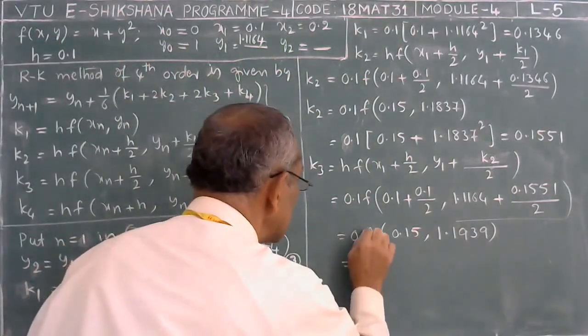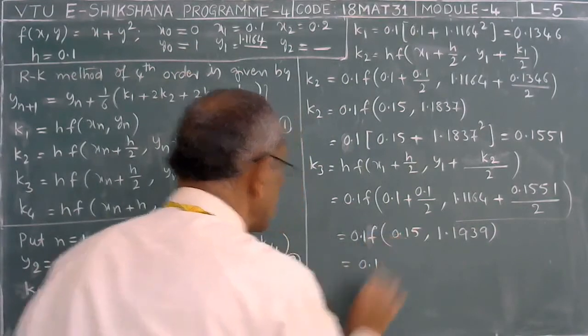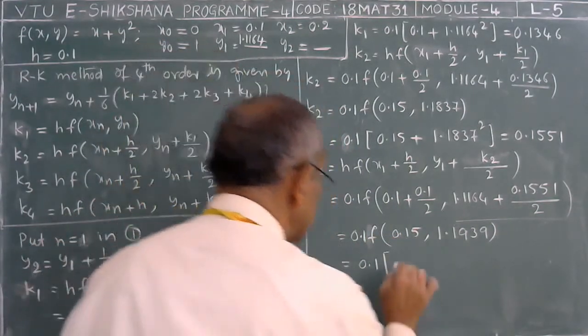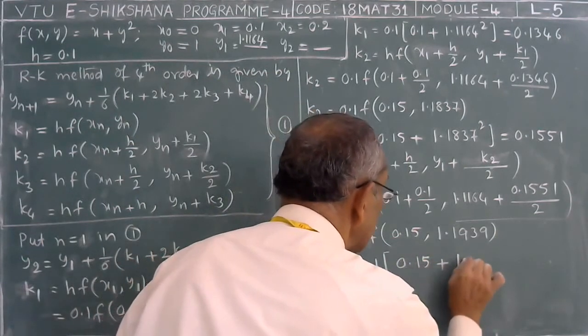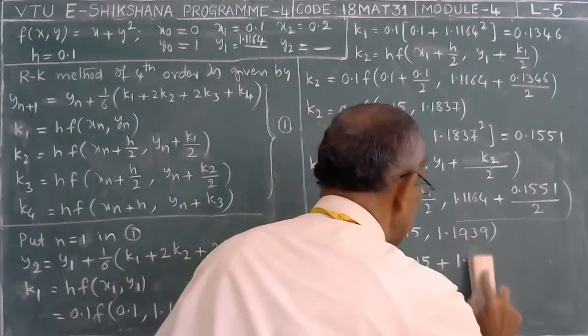If you apply the definition, this is 0.1 into f of, so 0.1 into x plus y square, that is 0.15 plus 1.1939 whole square.